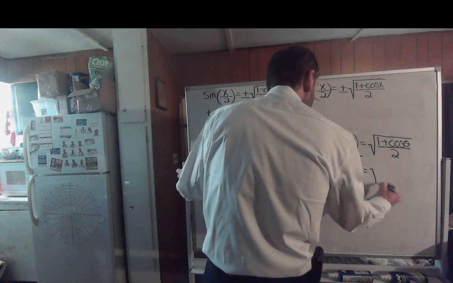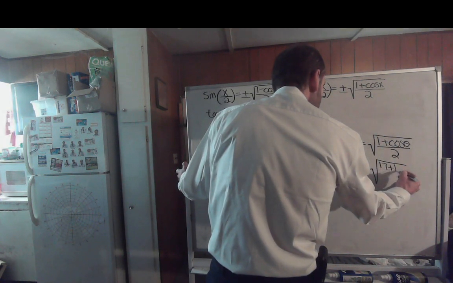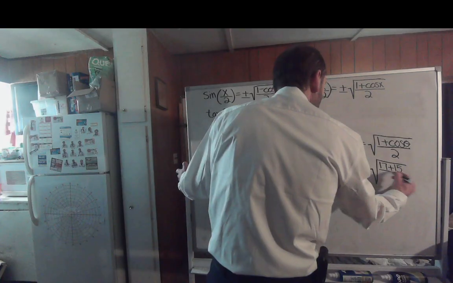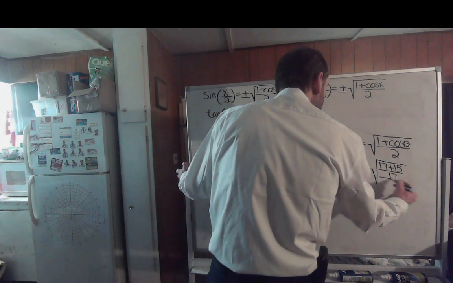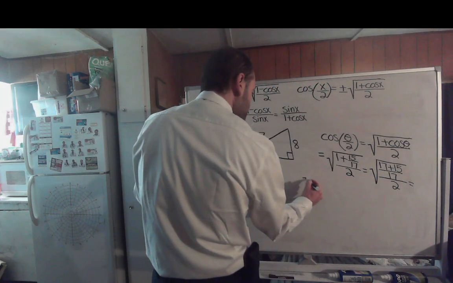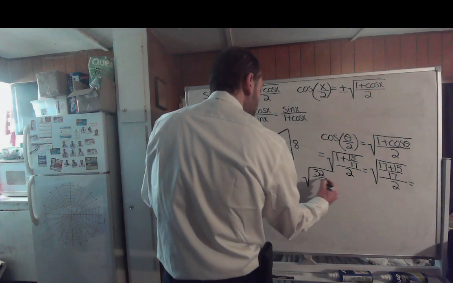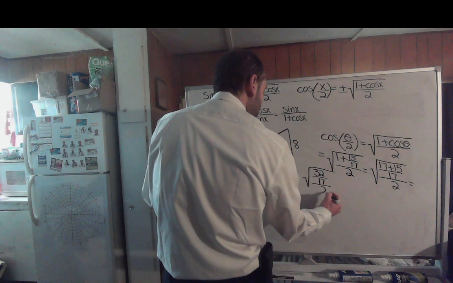This would turn into the square root of ((17 plus 15) over 17) divided by 2, which would turn into the square root of (32 over 17) divided by 2.